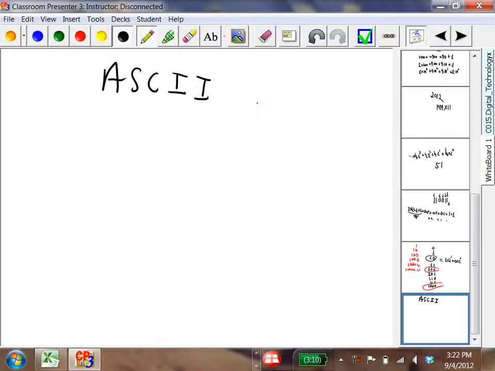It has all 26 characters of the English alphabet in caps, all 26 characters in small letters, all of the digits 0 through 9, and then a whole bunch of special characters like parentheses, ampersands, at signs, pound signs, and things like that. This ASCII code is stored in 8 bits.